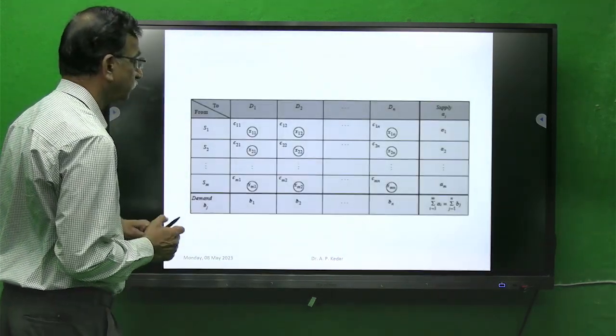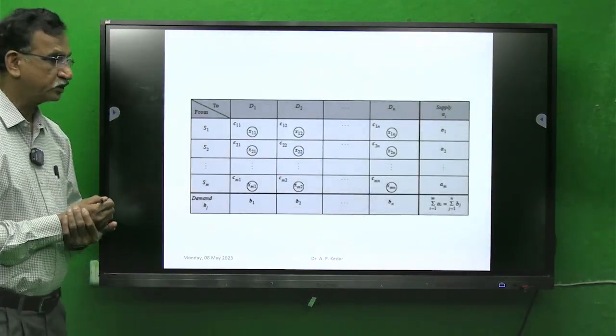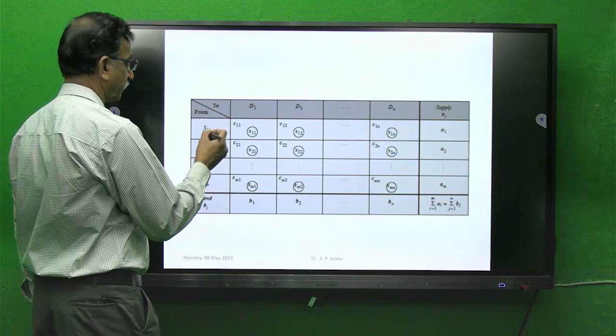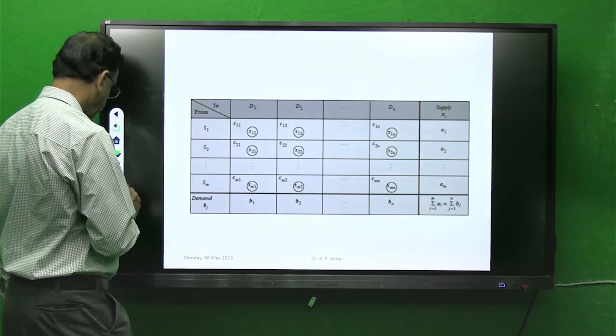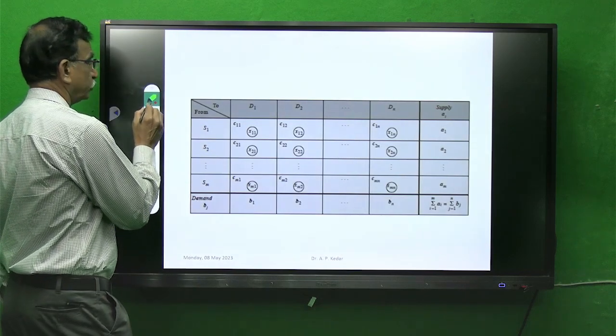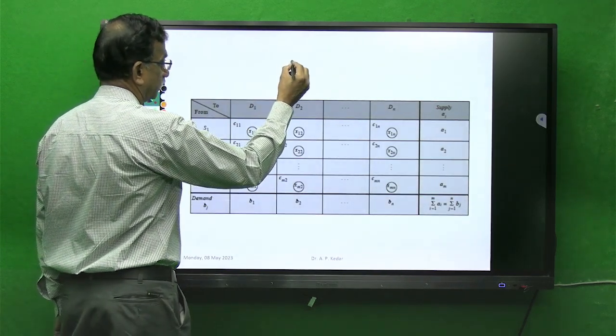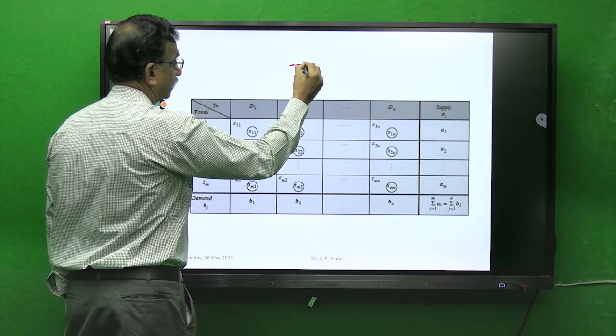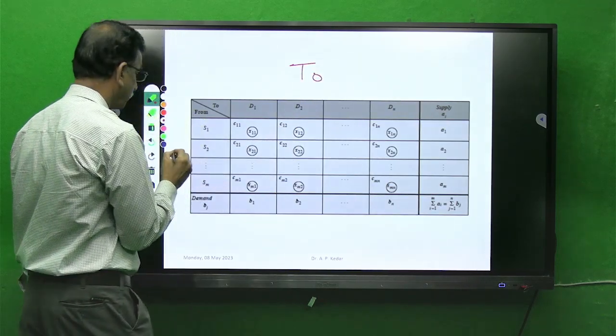Now this particular structure I have explained prior to this. So through this let us try to understand.